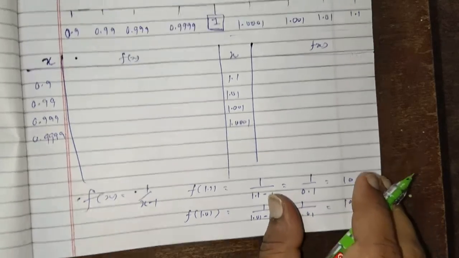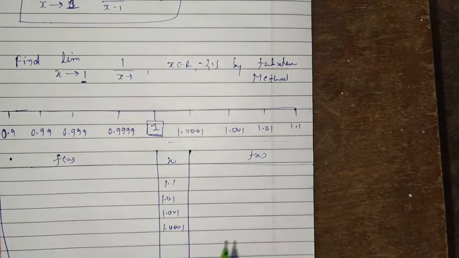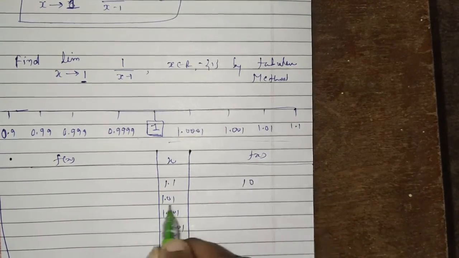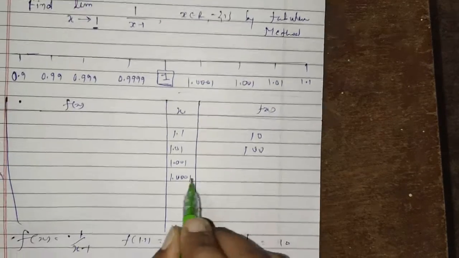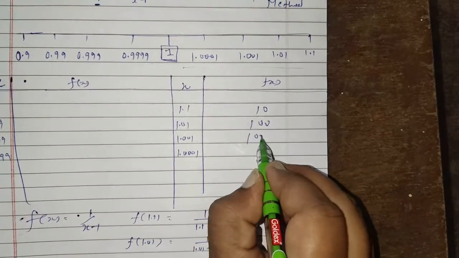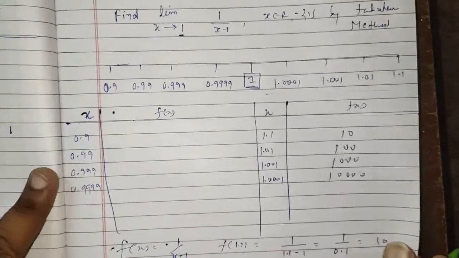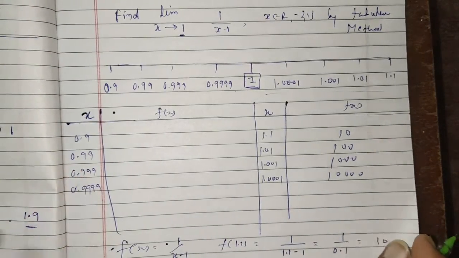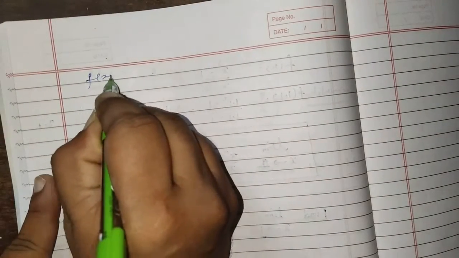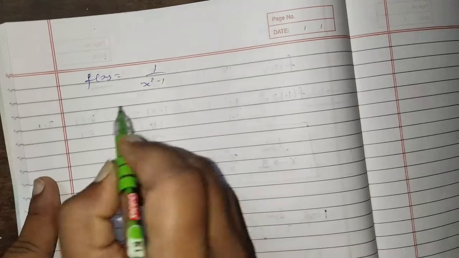So in the same way, for 1.1 the answer is 10, for 1.01 it's 100, for 1.001 you can solve, that is 1000, and then 10,000. And the same way for 0.9, f(x) is equal to 1 divided by x minus 1.